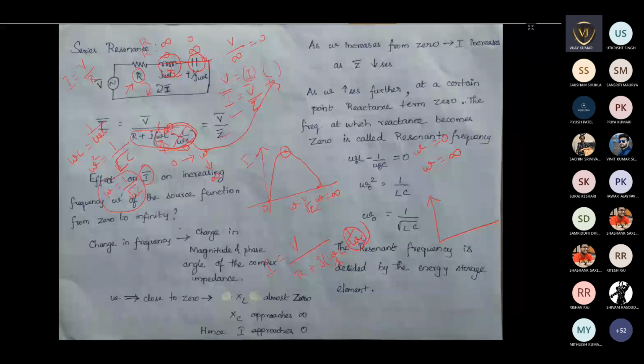If this term becomes infinite, the complete term will become infinite, because you are getting j omega L minus infinite. If you are subtracting something from infinite, again it is infinite. So I is equal to V divided by infinite, so your I will be 0.